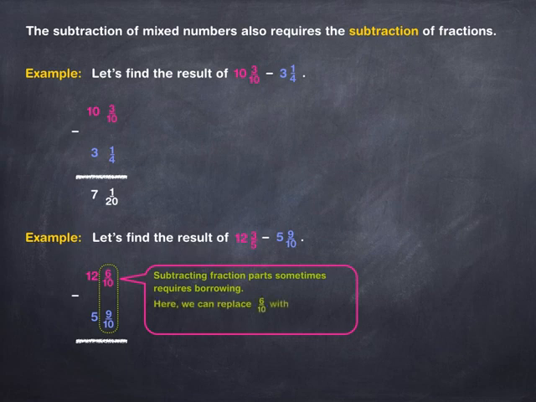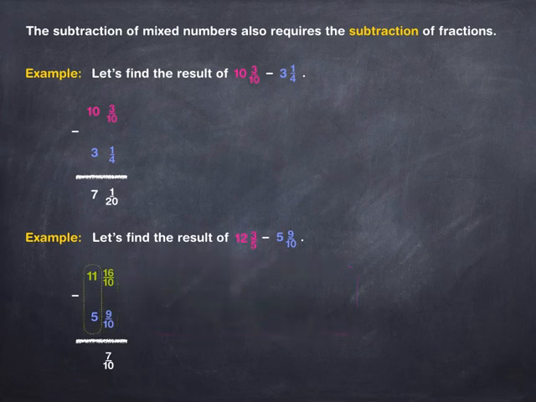Here we replace 6/10 with 16/10, since 1 is equal to 10/10 and 10/10 plus 6/10 is equal to 16/10. This would give us 7/10. We then subtract the whole parts, giving us 6 7/10.